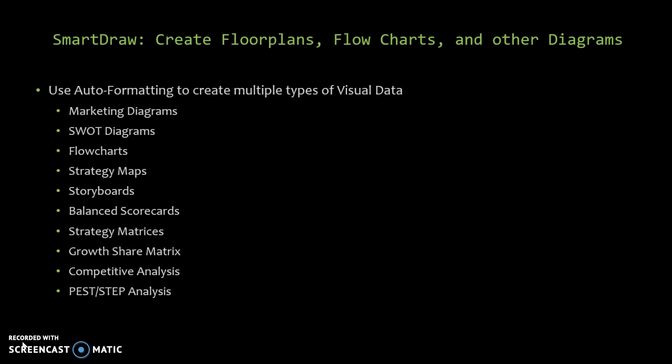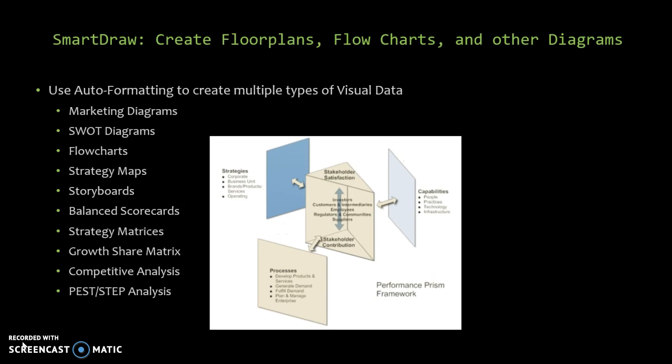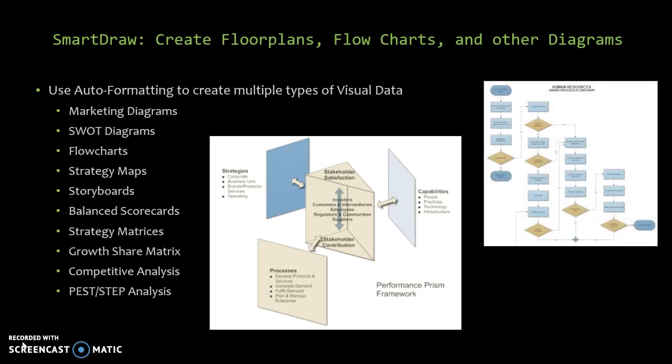You can make marketing diagrams, SWOT diagrams, flow charts, storyboards, strategy matrices, growth share matrix, competitive analysis. This is a stakeholder satisfaction performance prism framework. You can do flow charts, and that one is an example of one of our human resource ones we could use.